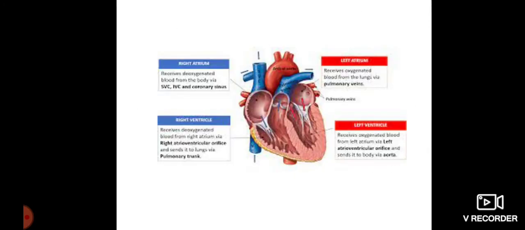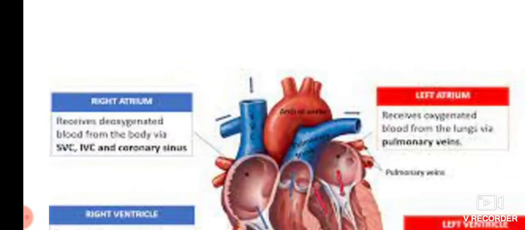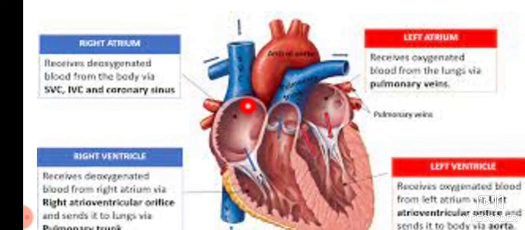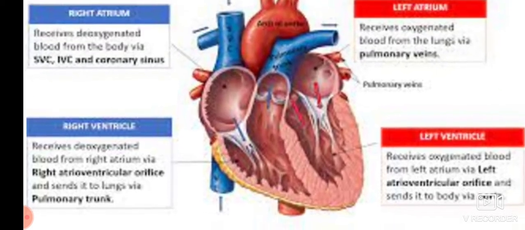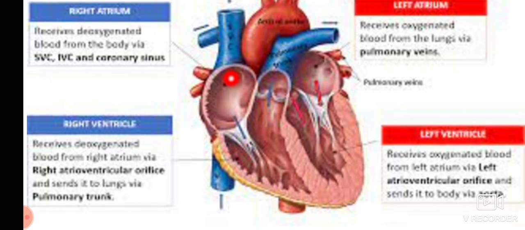So this is the opening of the superior vena cava, and in the lower part you can see the inferior vena cava. This is the opening of the inferior vena cava. Here is the opening of the superior vena cava.